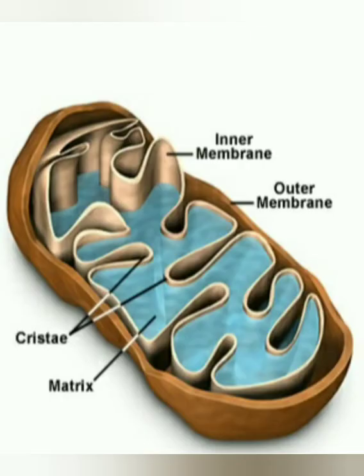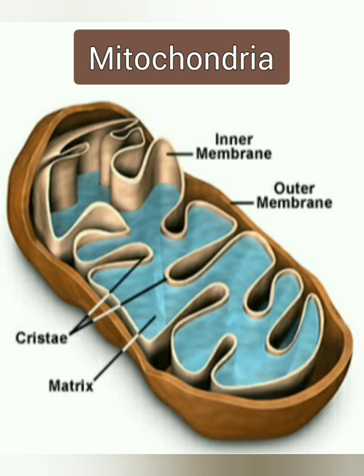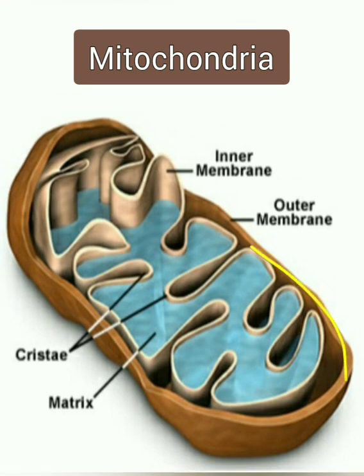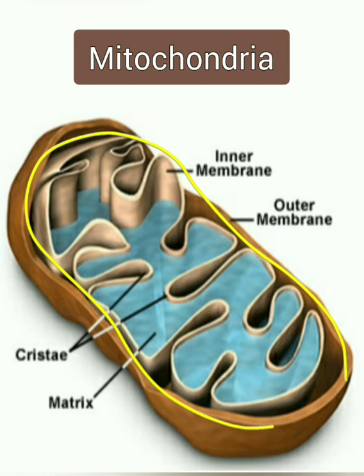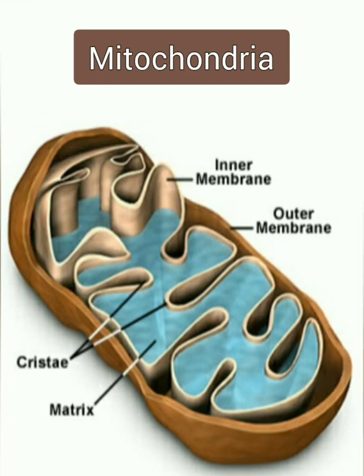The next cell organelle is mitochondria. Mitochondria are small rod structures that are surrounded by two membranes, that is the outer membrane and the inner membrane.